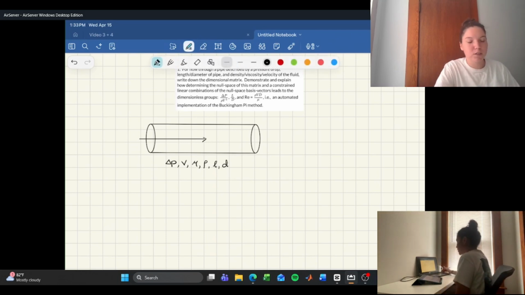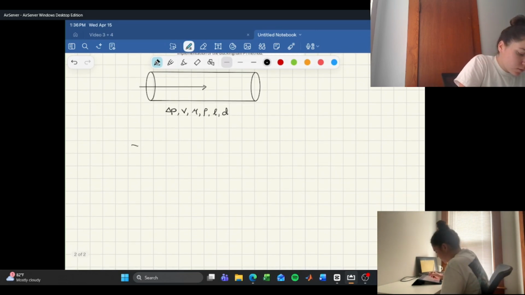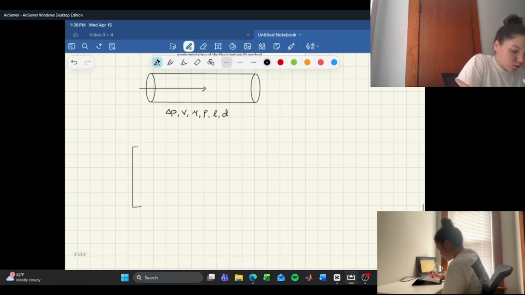a dimensional matrix. So to make this matrix, we are going to have at the top here, this is going to be the length, diameter, velocity, viscosity, density, and the change in pressure.